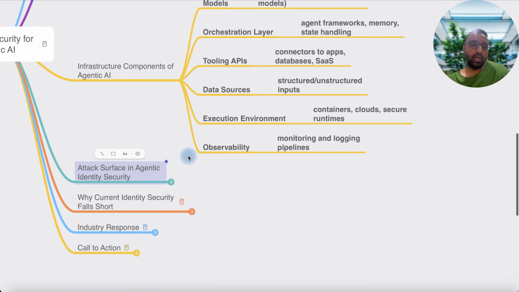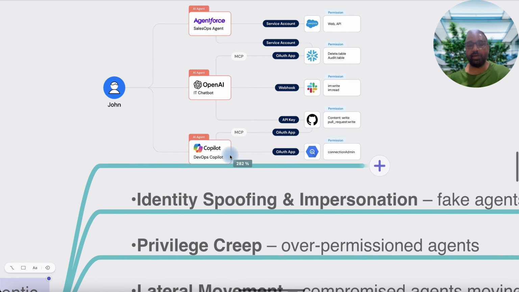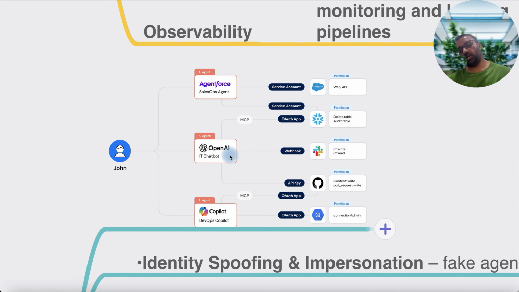Now, let's look at the attack surface when agents get in the picture. Imagine an environment where you have a corporate user working on multiple systems. He has an agent that is used for reporting on data in Salesforce.